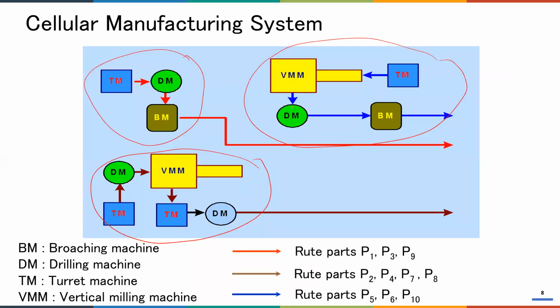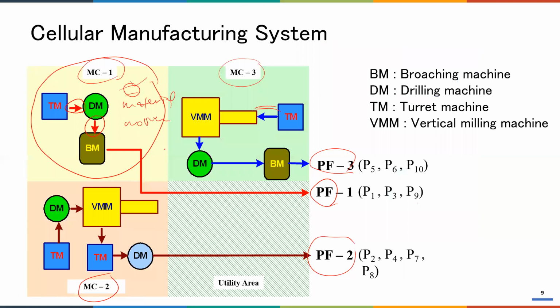Once we group it into each machine cell, the most noticeable thing is that we can reduce the intracellular movement. And even if we have an additional machine shared between machine cells, we can still have a reduction of the intercellular movement.